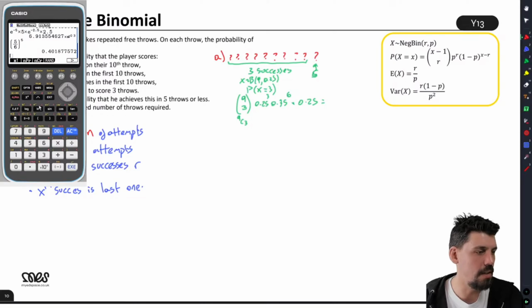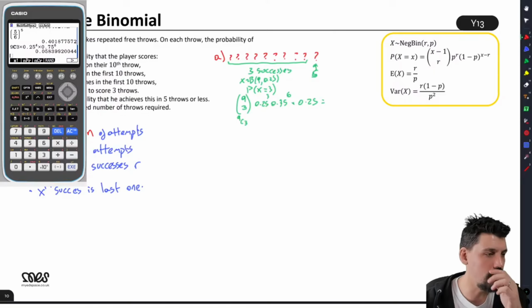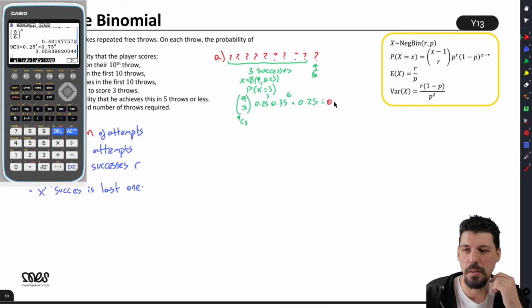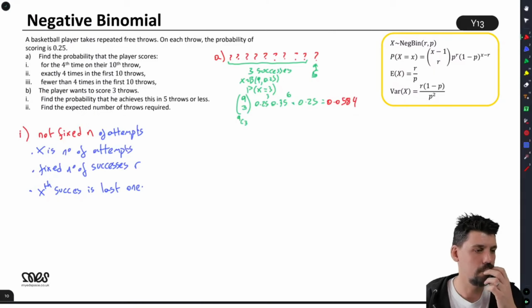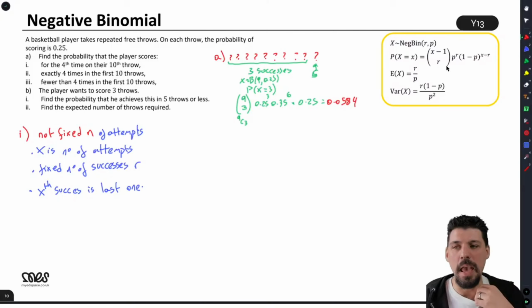Options, probability, so 9 choose 3 times 0.25 to the power 4 in total, times 0.75 to the power of 6. So we should get 0.0584.